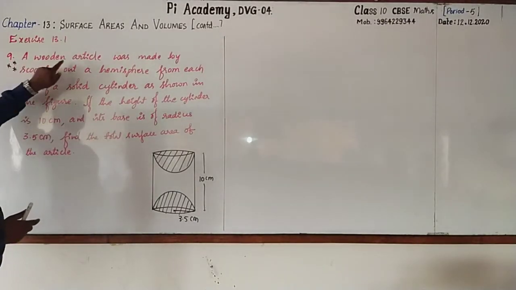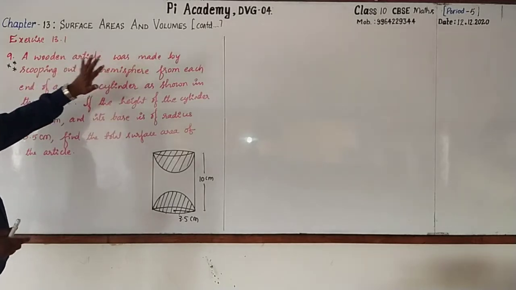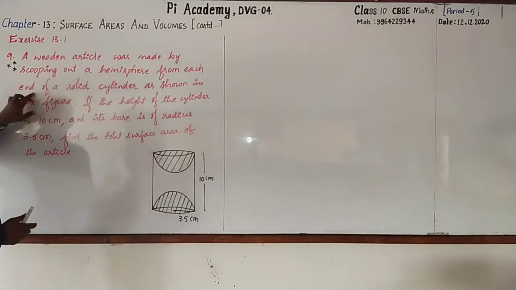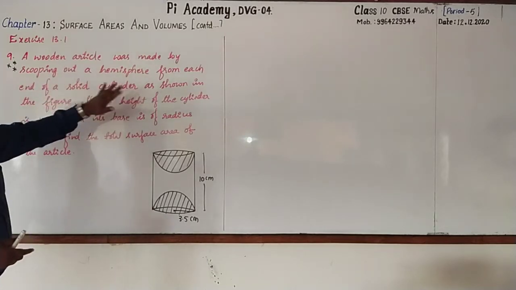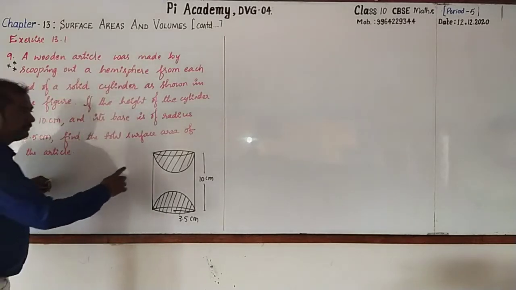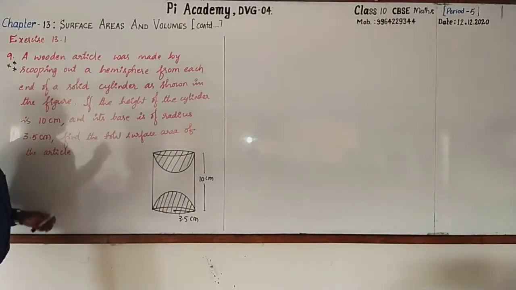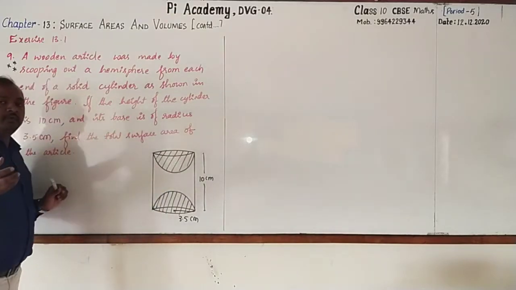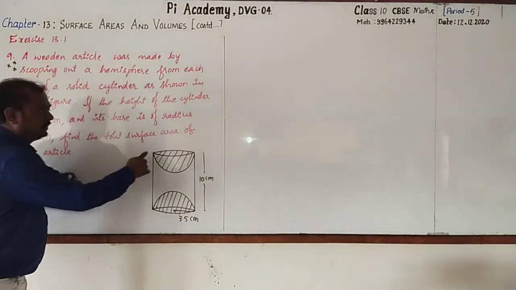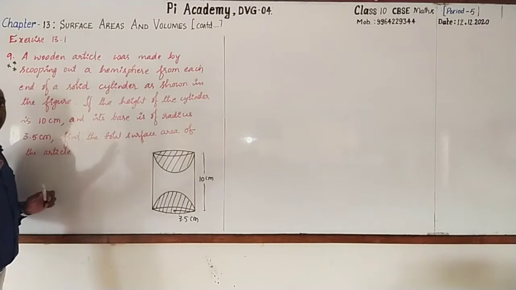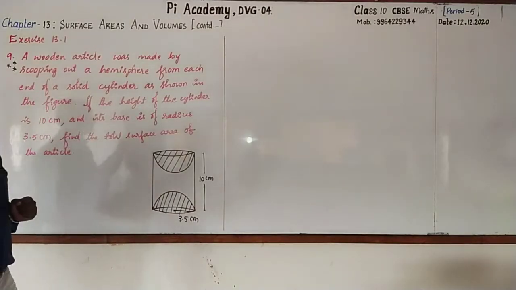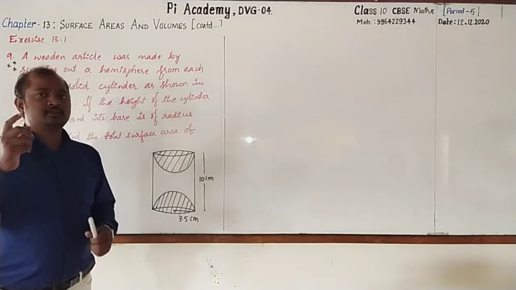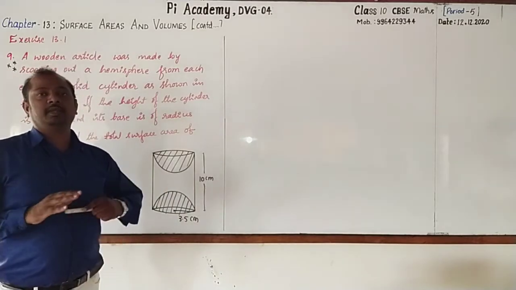A wooden article was made by scooping out a hemisphere from each end of a solid cylinder as shown in the figure. This is a solid cylinder made of wood. At each end we have scooped out a hemisphere, here one hemisphere, here one hemisphere. After scooping out, you just imagine the solid and what area can be seen.